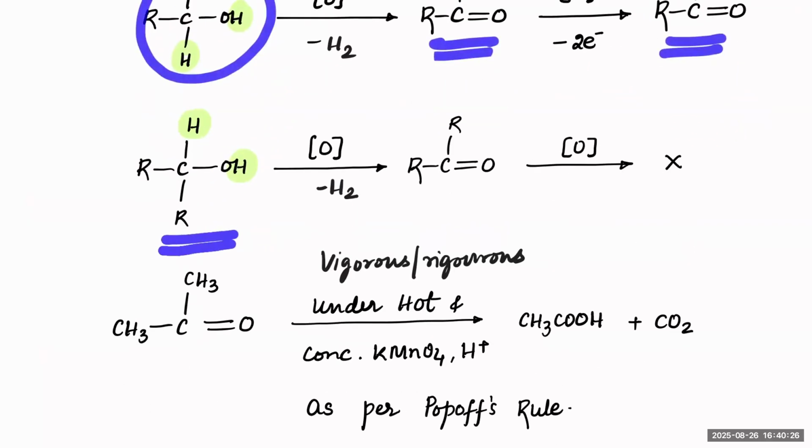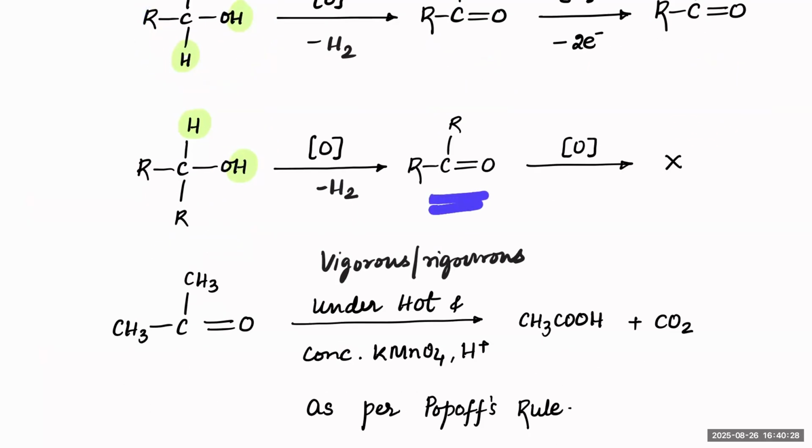If you get this alcohol, remove out these two hydrogens, you will get ketone. Now the problem with the ketone is this is a carbon-carbon bond, right? So usually it becomes very difficult to oxidize it to acids. So more or less, when ketones are there, you will not do further oxidation, or you can't do further oxidation unless it's a very rigorous condition, which is the last case.